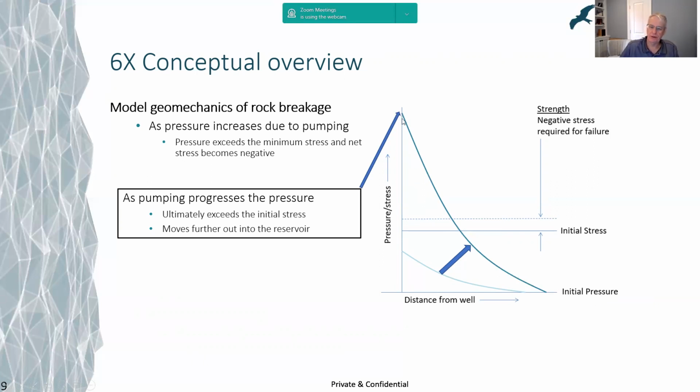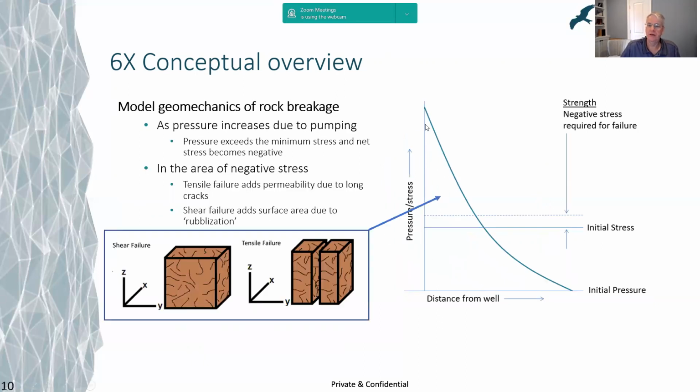So any point on this graph where we've achieved negative stress is where we're going to have some breakage of the rock. So in this zone here, we're going to add tensile failure and shear failure parameters. And the higher up this y-axis we've gone, the more enhancement we will add.